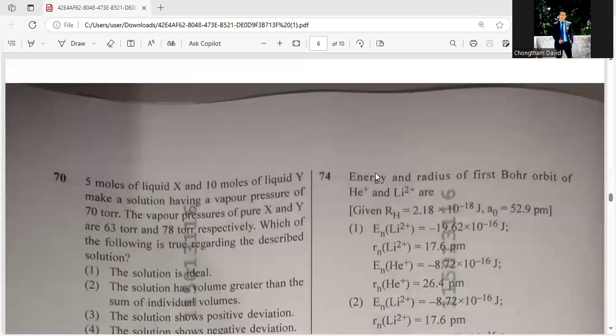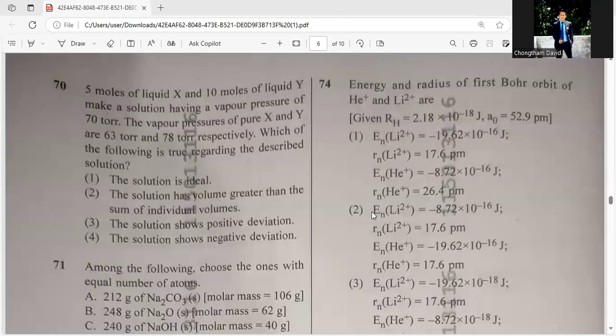Question number 74. Energy and radius of first Bohr orbit of helium ion and lithium ion. This is based on your atomic structure.